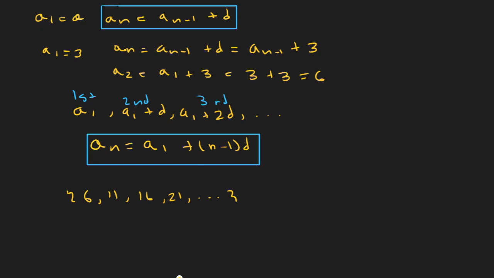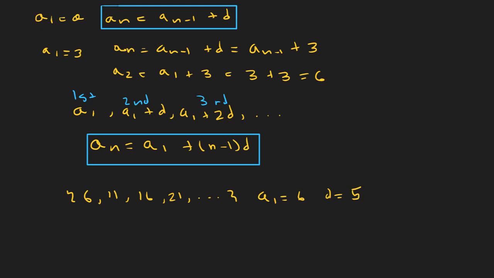Here we can make note that the first term is 6. It wouldn't take much to verify that in fact the common difference is the same for every successive term: 11 minus 6 is 5, 16 minus 11 is 5, and such. So the common difference in this case would have to be equal to 5.